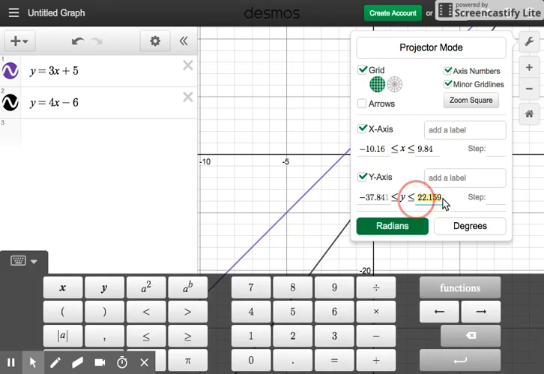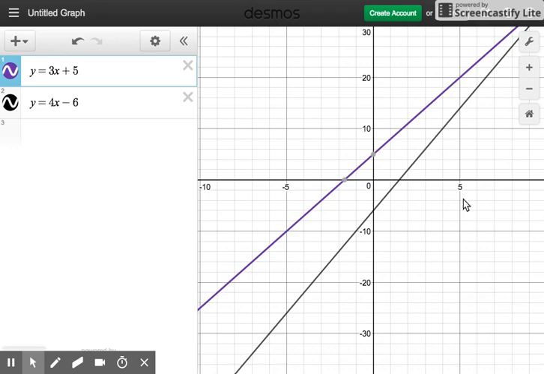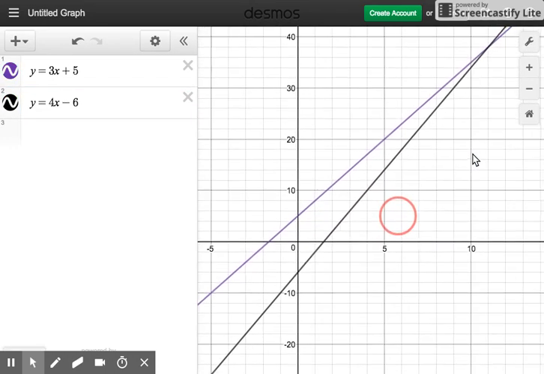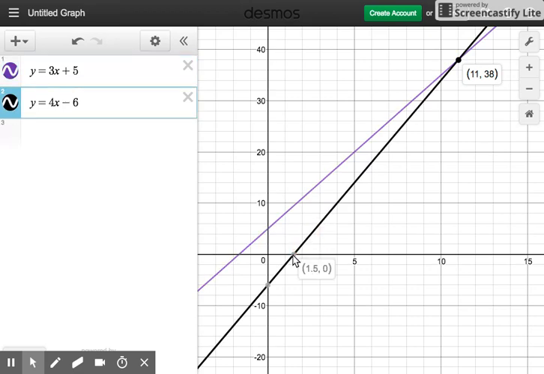We're going to make the y-axis a little bit larger. And let's look. We still can't really see them. Maybe we can just drag it over. Perfect. So then if we click there, we can see that our point where they're going to intersect is going to be 11, 38. And it was all made really easy because we just put them both into our graphing calculator here and it just graphed them for us.